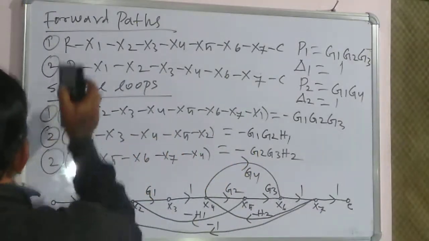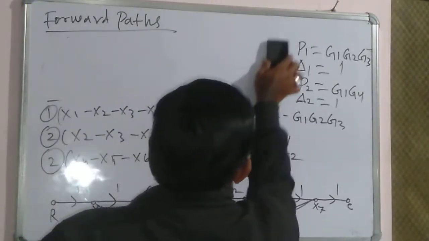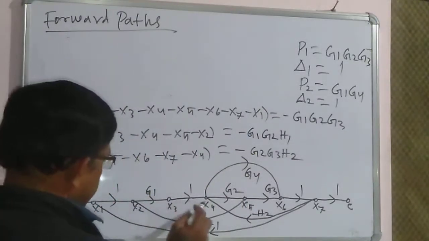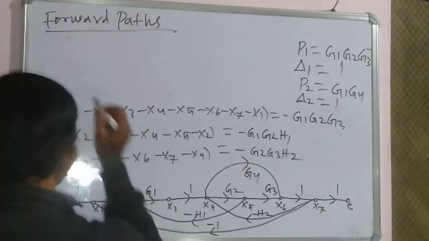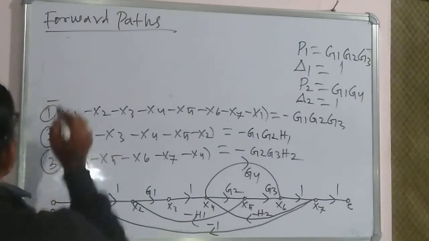So now we can find out some more loops. Is it possible? Yes, some more loops are possible. So this is loop number 3.